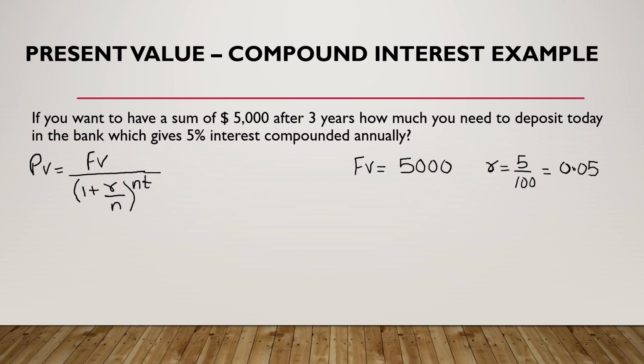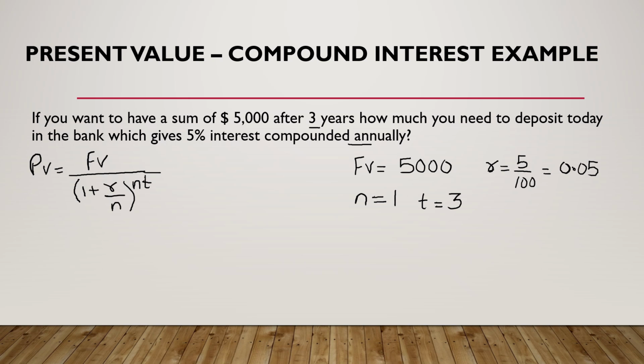And then the next one in the formula is n. What is my n? n means the number of times interest is compounded in a year. Here it is clearly mentioned it is compounded annually, meaning once in a year. So my n will be 1. Then write down t. t is nothing but the time, for how long I am depositing the money. It is 3 years, so my t is 3.